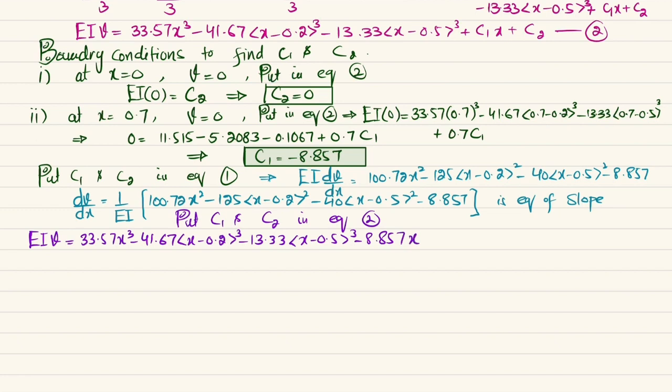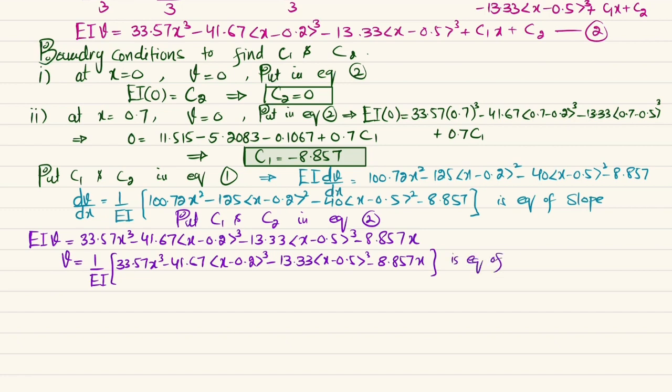If you divide by EI on both sides, V, which is displacement, is equal to 1/EI into [33.57x³ − 41.67⟨x − 0.2⟩³ − 13.33⟨x − 0.5⟩³ − 8.857x], and this is the required equation of deflection, or you can say the equation of the elastic curve.